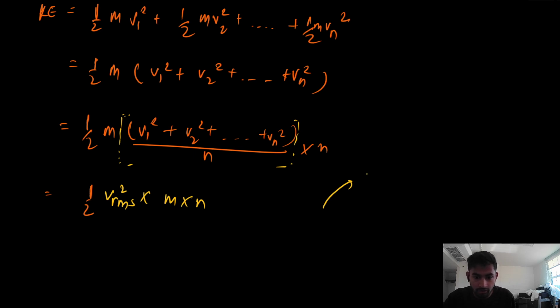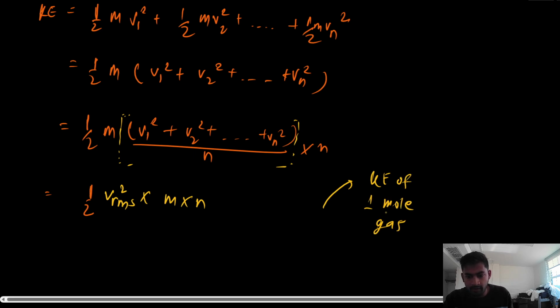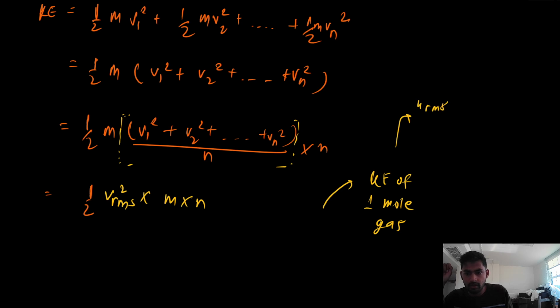So here, since we are trying to compute the kinetic energy of 1 mole of gas, in this overall scenario n would be Na, which is Avogadro's number of atoms or molecules.